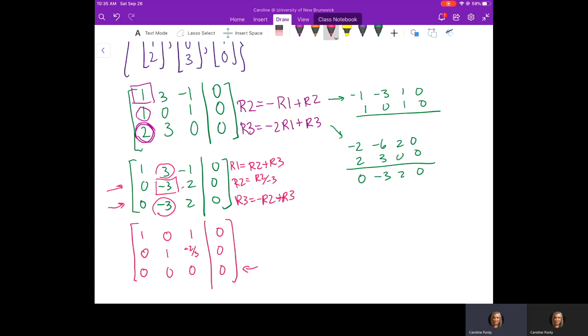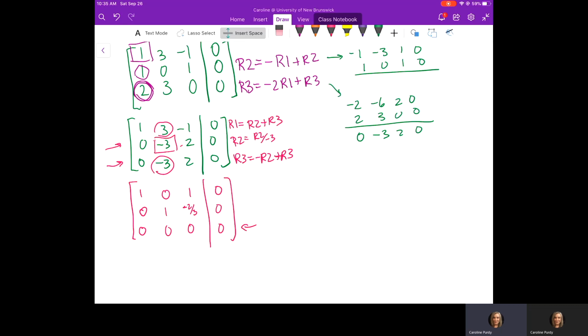I can see that I've got a row of zeros here, which matters because to span R3 you need 3 vectors with the right number of pivots. I do notice that Z will be a free variable because there is no lead 1. There's a lead 1 for the X, there's a lead 1 for the Y, but the Z has no lead 1 in this position.